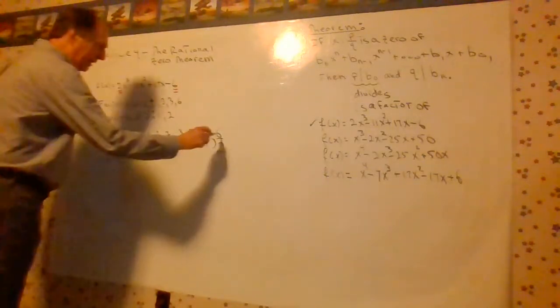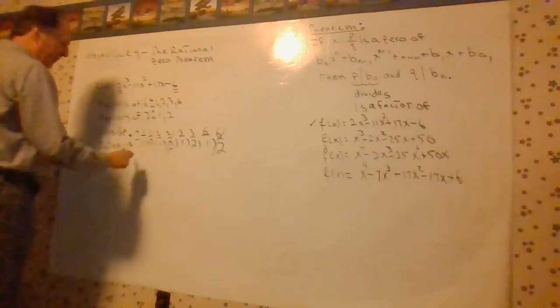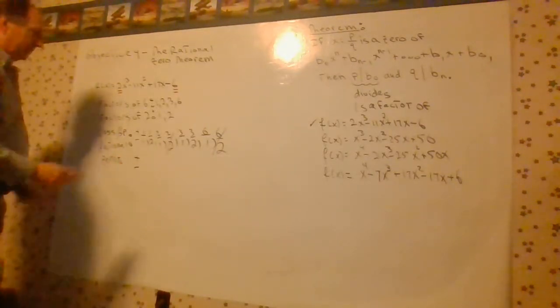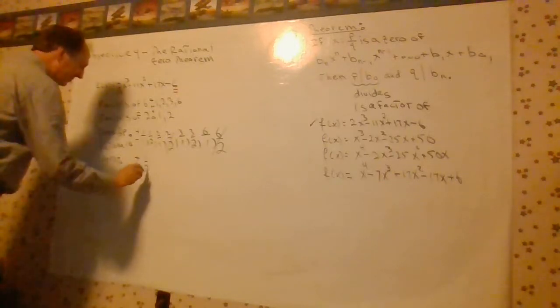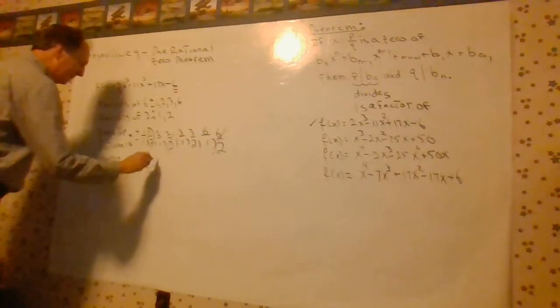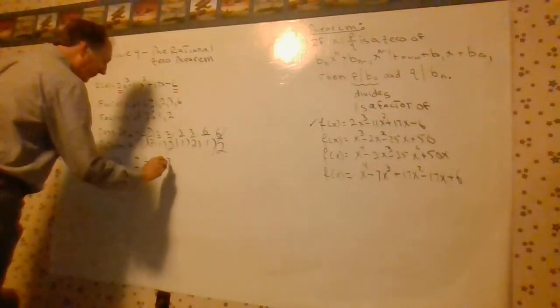And of course, we can eliminate some of these. 6 over 2 is the same as 3. 2 over 2 is the same as 1. And not a bad idea to order these from least to greatest. 1/2 is the smallest, and then we can go to 1, and then we have 3/2.